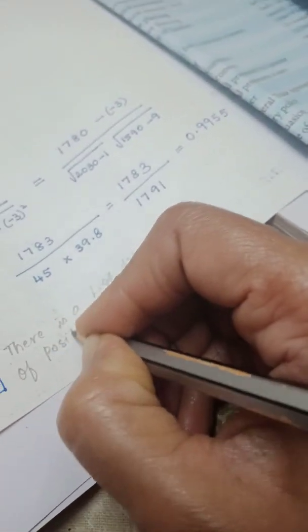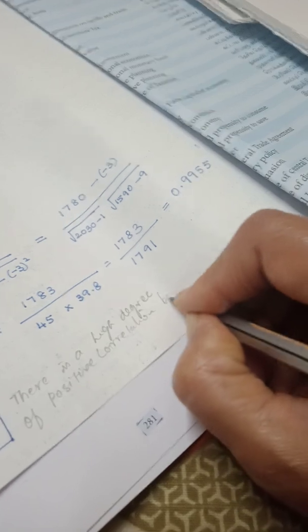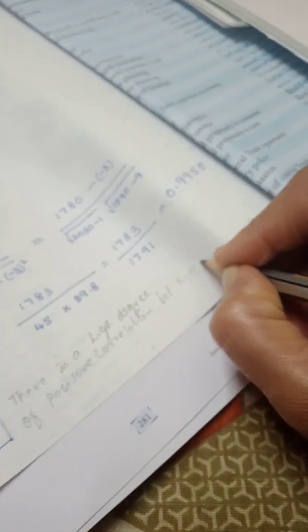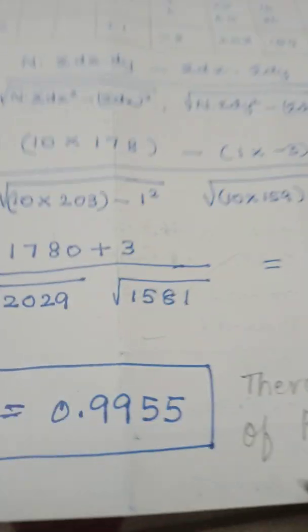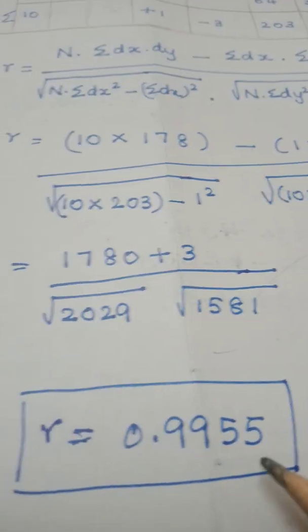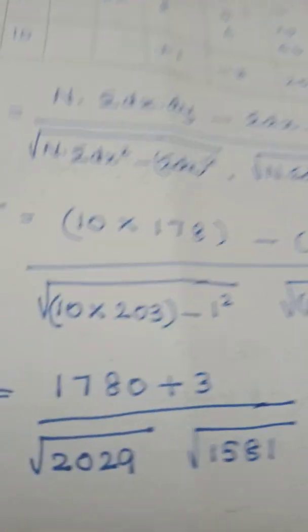Positive correlation between X and Y, which means when the demand for X increases, the sale of Y, there is a fall in the sale of Y. There is a high degree of positive correlation between X and Y values. That is the reason why we have here a plus symbol, and it is very close to 1, that is 0.9955.